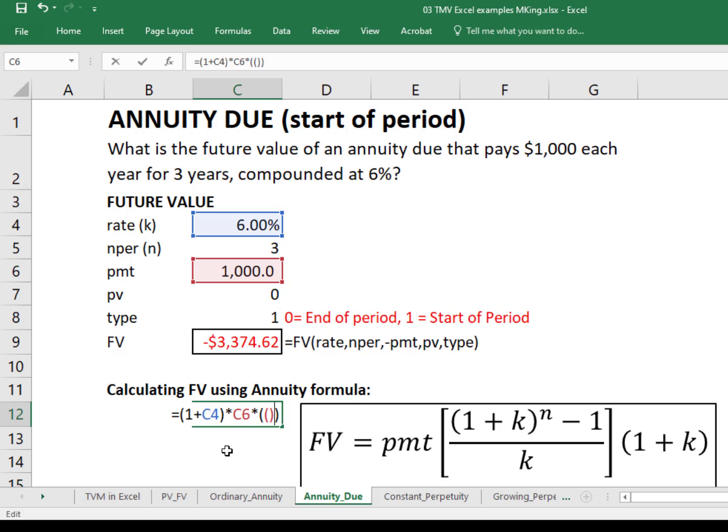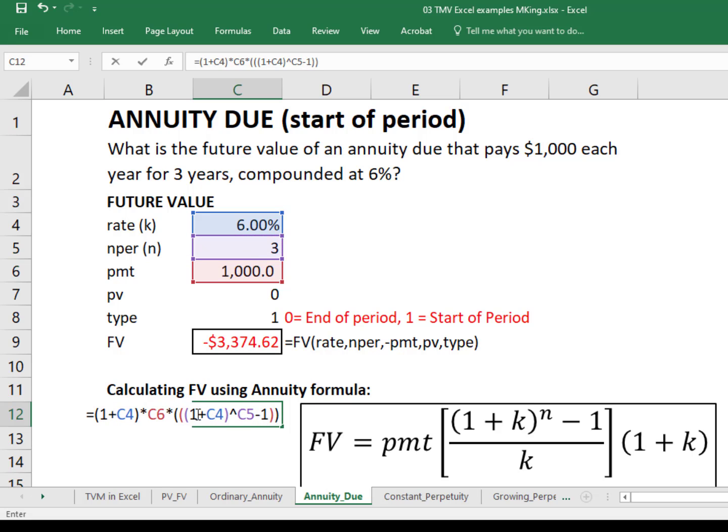I'm going to now look at what goes in the numerator, which is 1 plus k to the n minus 1. So I'm going to have another set of brackets. 1 plus interest rate, close brackets, raised to the power of n minus 1.